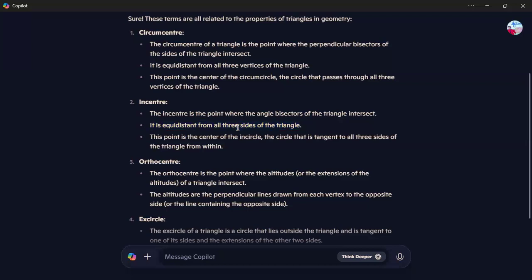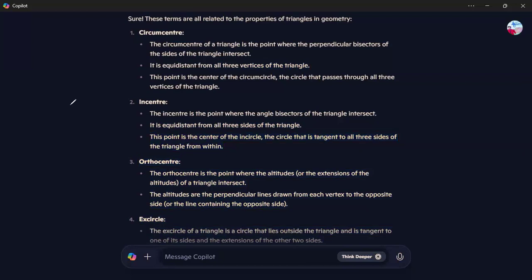All three sides, not vertices. For vertices, equidistance meant there was a radius. This time it is equidistant from the sides, meaning the perpendicular distance between the sides and the center of the circle. This point is the center of the incircle, the circle that is tangent to all three sides of the triangle from within.